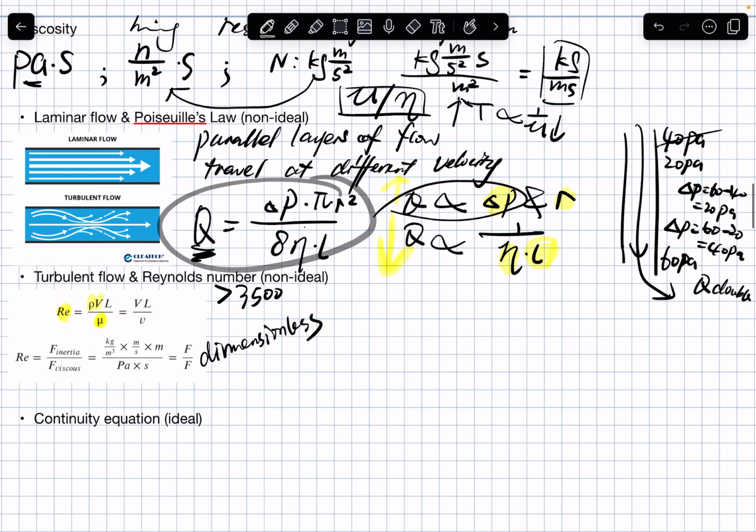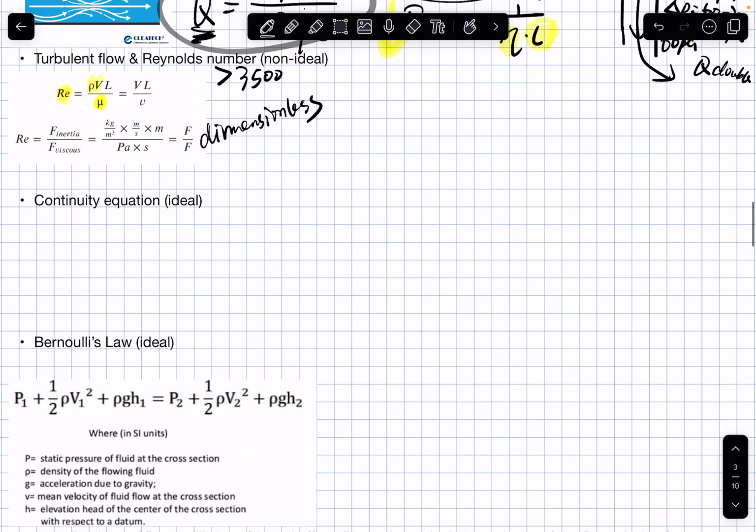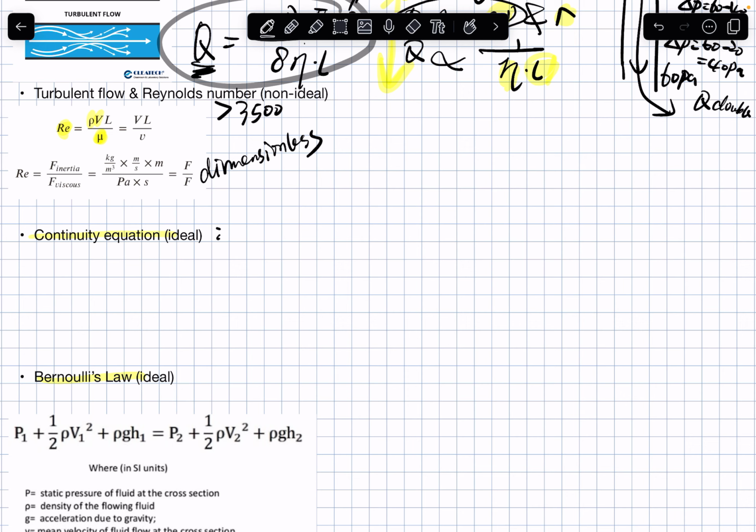Whereas the ideal fluids that we're going to apply for our continuity equation and Bernoulli's law, which we're going to talk about in a second, are fluids without viscosity, and they are also incompressible.